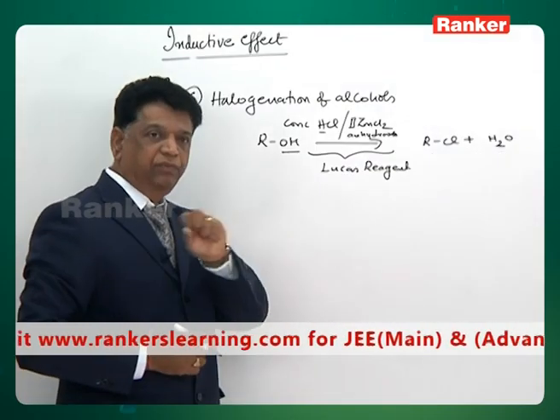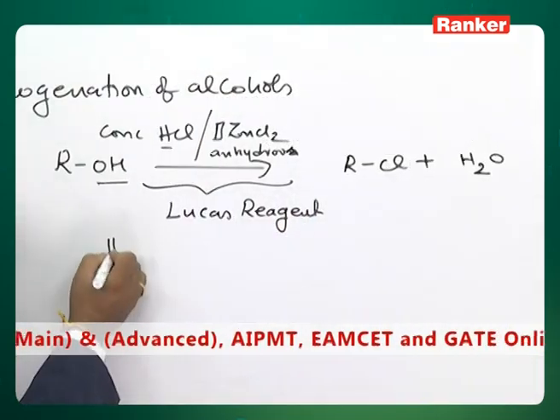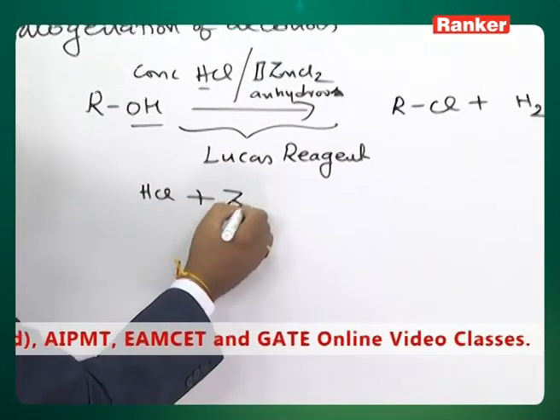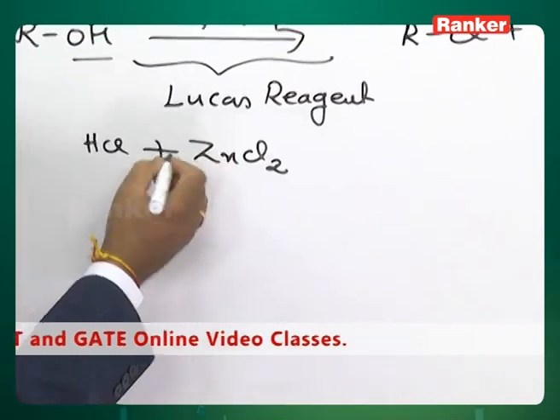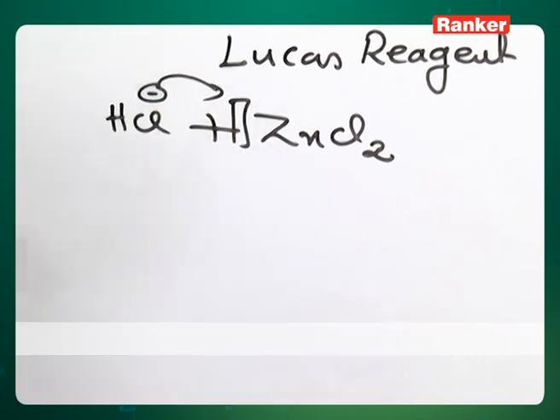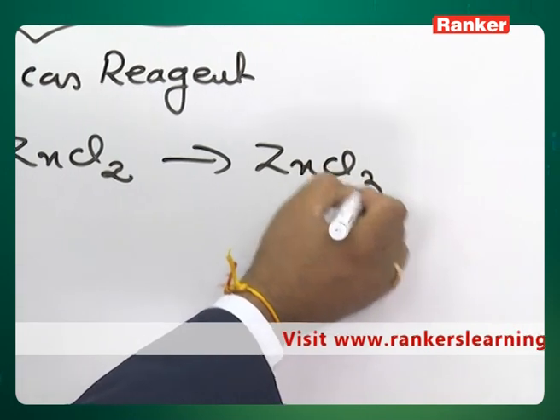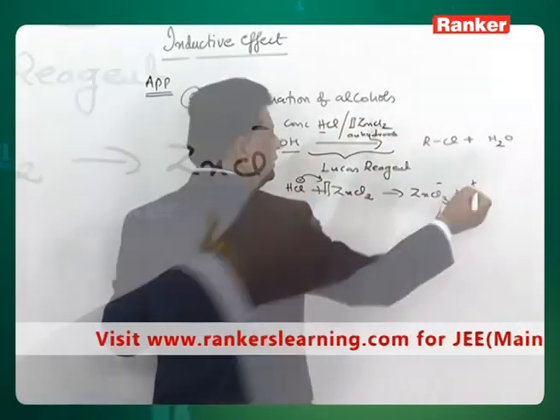But the mechanism, if you see what exactly the reaction goes through, is: first HCl reacts with the zinc chloride itself. The zinc chloride has a vacant orbital, therefore it takes the Cl minus temporarily and forms ZnCl3 minus and liberates the H plus.